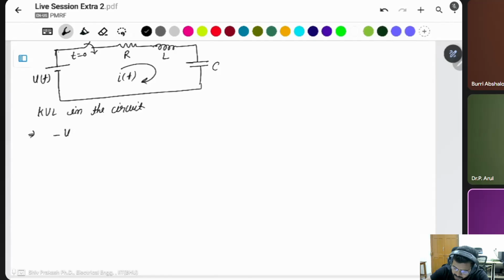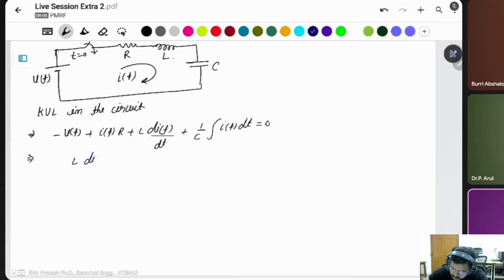Then this is minus V(t) plus i(t) into R, plus this is the inductor, which means L di/dt, plus 1 by C integration of i(t) dt. This is the equation in the time domain.